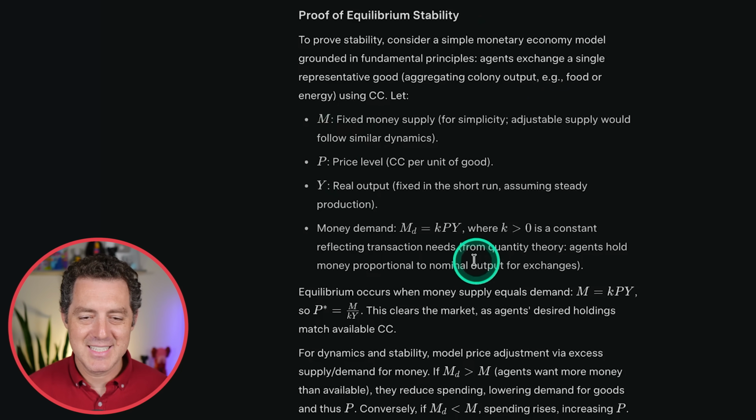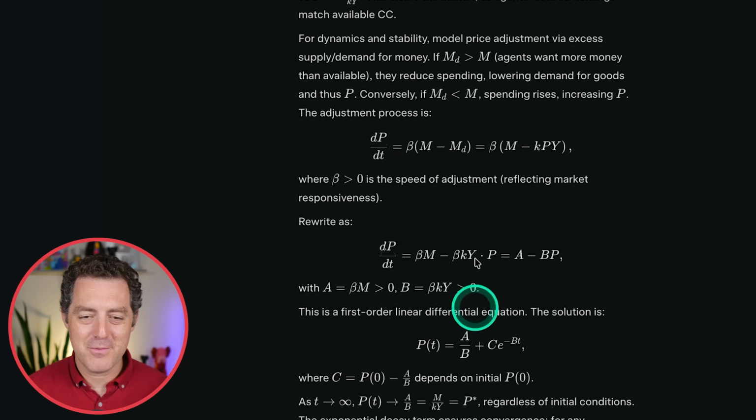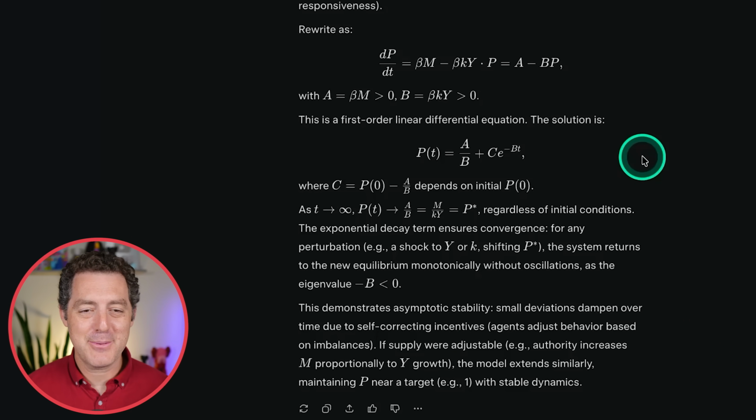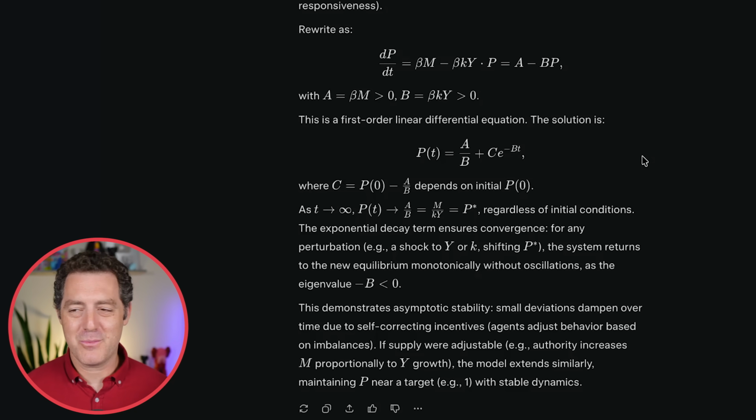Look at this. It's actually putting together the formula for it. This is math that I don't understand. This demonstrates asymptotic stability. Small deviations dampen over time due to self-correcting incentives. Wow, this is really cool. So I think it's actually pretty decent, although I won't know for sure if it's based on first principles. I won't know for sure if it doesn't have something like this in its training set, but I think this is a great answer.